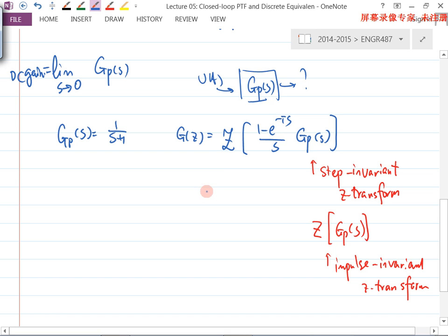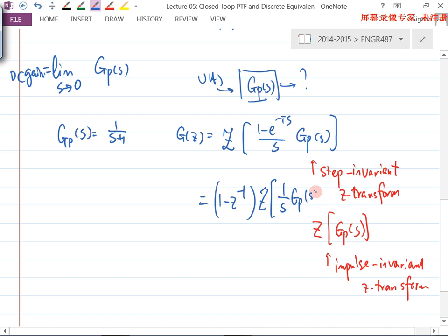But anyhow, for this particular case, I want you to remember, you don't need to go over every step, but you should know that whenever you have a zero order hold in front of the plant, the Z transform is (1 minus Z to the power of negative 1) times Z of 1 over S times GP of S. So that's what you need to remember.